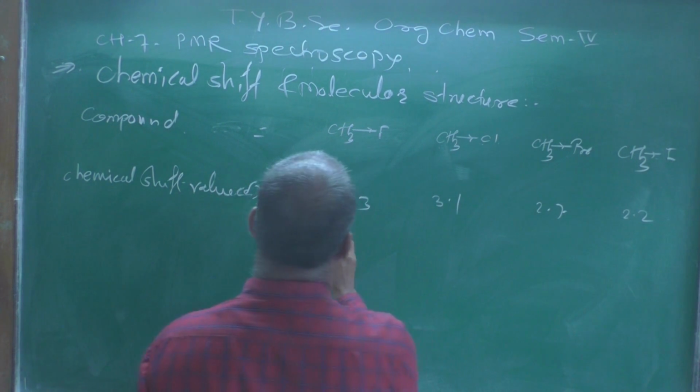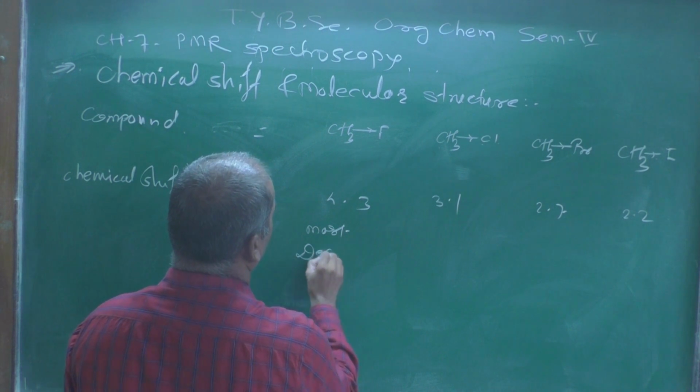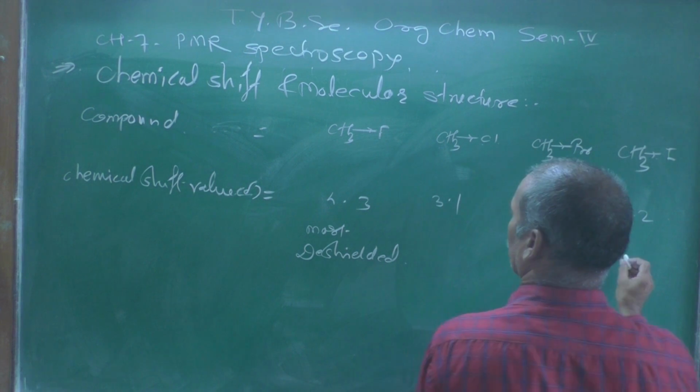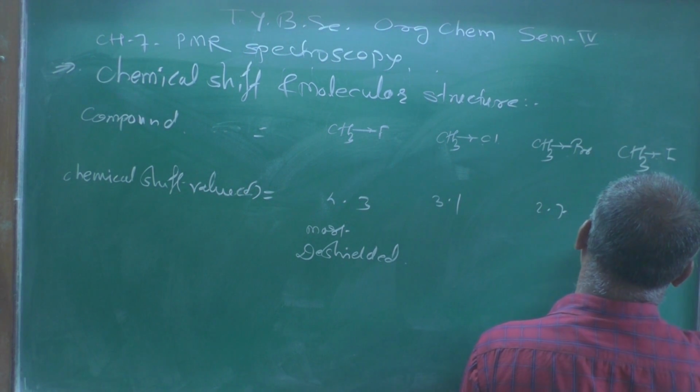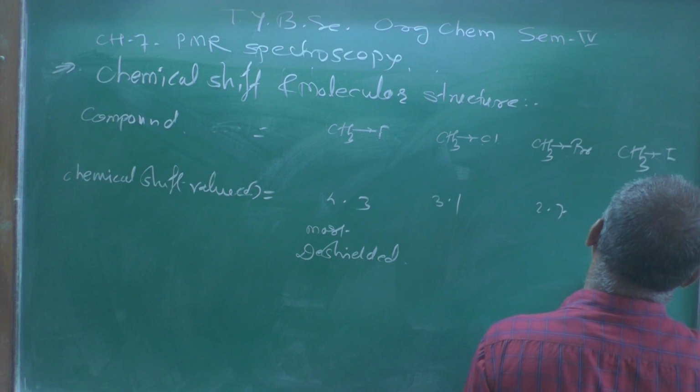The fluorine compound is the most deshielded, and the iodine compound is the least deshielded.